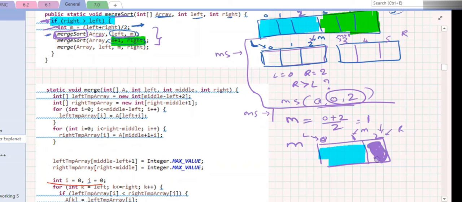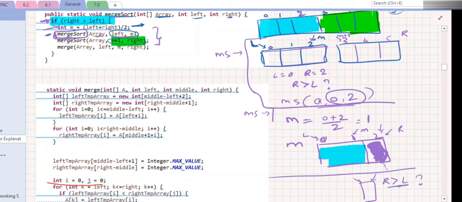Then you again call merge sort. At this point you will hit the condition: is your right greater than left? For this array, your left is also here and your right is also here, because you're calling merge sort with only this one element.